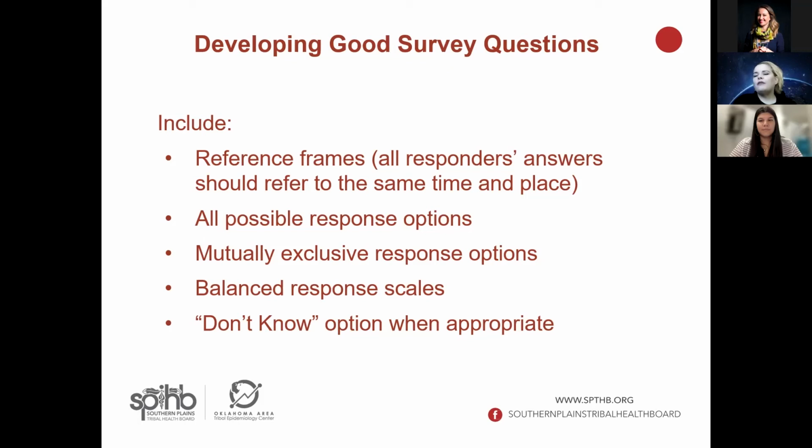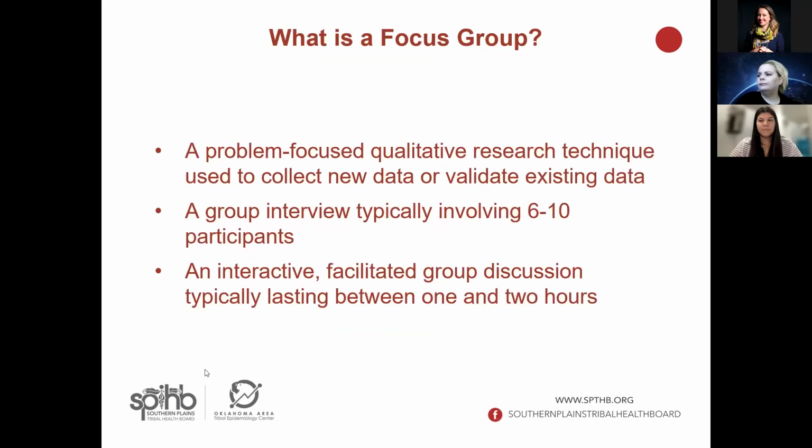You also want to have balanced response scales. So for example, sometimes you'll see a 4-tiered scale or a 5-tiered scale. One of the surveys I was analyzing once had 5 options, and there wasn't a neutral. There were 3 that were actually positive.